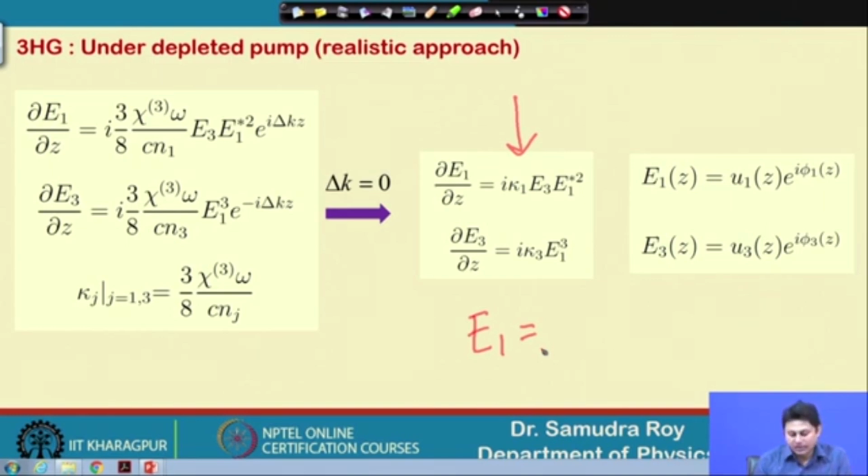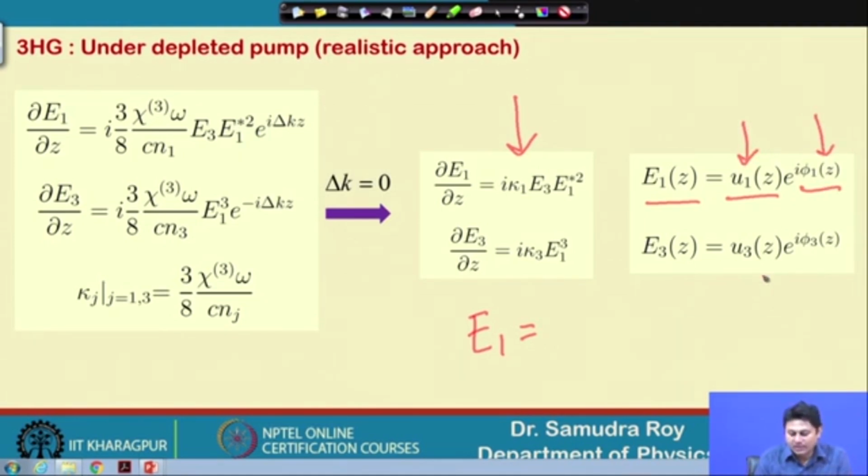In order to understand how the amplitude and phase will vary, we divide this total electric field, which is a complex electric field, into two parts: an amplitude part and a phase part. Any complex quantity can be represented as r e to the power i theta, so exactly that we are doing here. We write one amplitude part and another phase part for both cases.